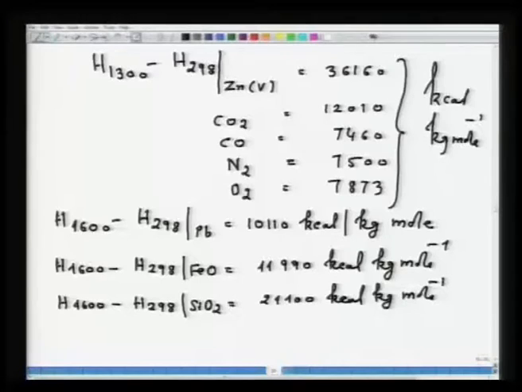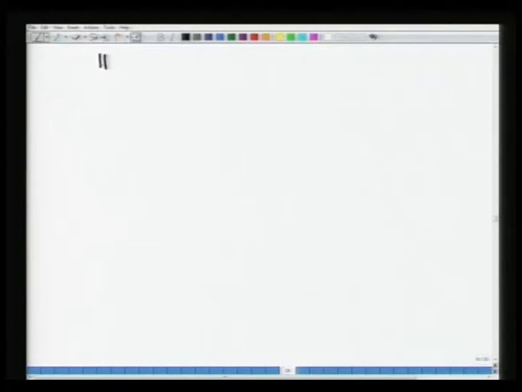Now, let us calculate. The first thing is the heat liberated. I am calculating the heat liberated at 298 Kelvin, and then I am adding the sensible heat of reactants, or you can calculate the heat liberated at 1100 Kelvin.